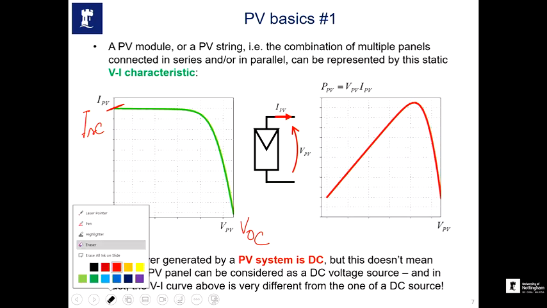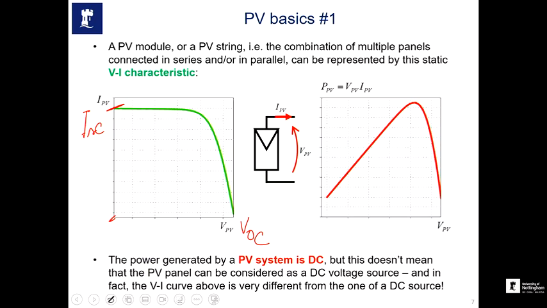But in applications, of course, with the PV panel you have some sort of converter, it could be an inverter, and then you will have loads connected to it. As long as you put a load on the PV panel, there will be a certain voltage, and depending on the voltage, there will be a certain current.